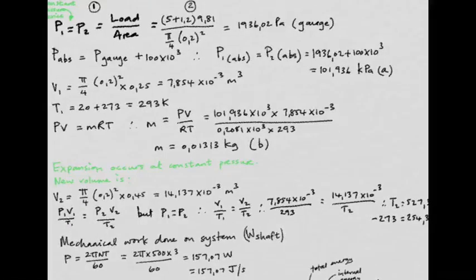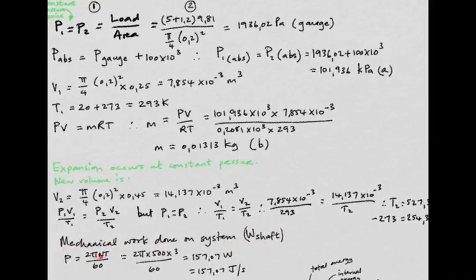Now let's consider where the energy came into the argon, where it came from. Remember that we had that shaft turning the impeller, so there was mechanical work done on the system, on the argon. We're going to call that work shaft.